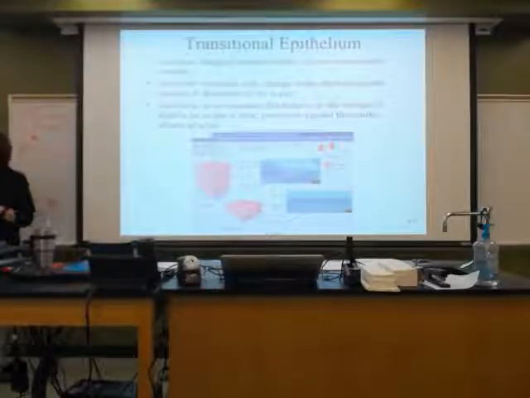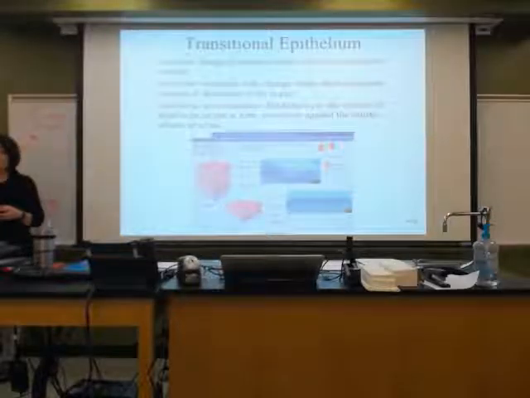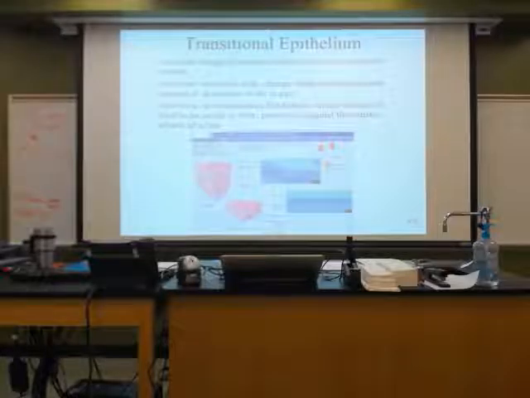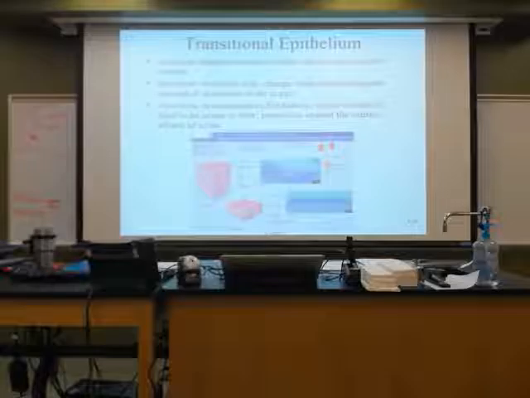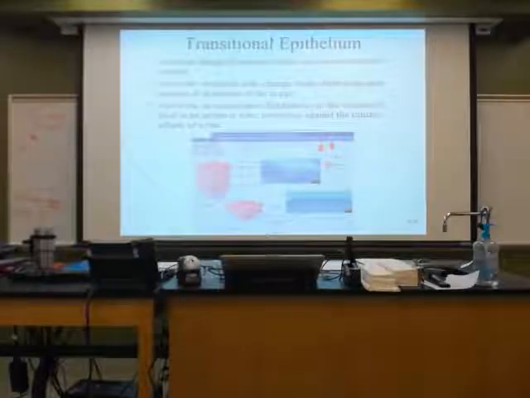So sometimes it'll look like they're cuboidal, sometimes it'll look like they're squamous, but that depends on whether we are distending or emptying the bladder, and the bladder goes back flat. Okay, so the shape actually changes depending on what's the shape of that organ.